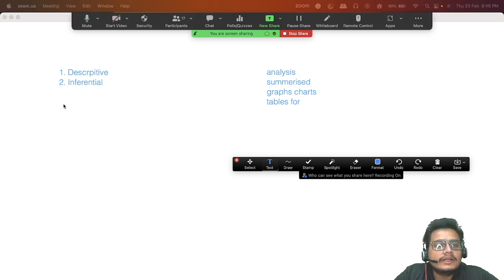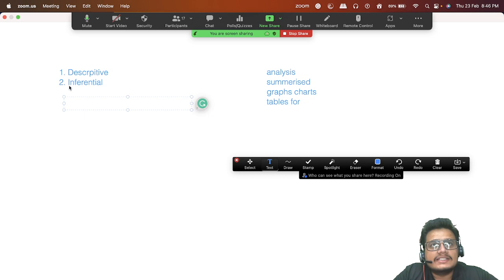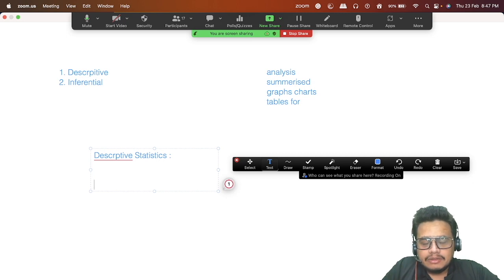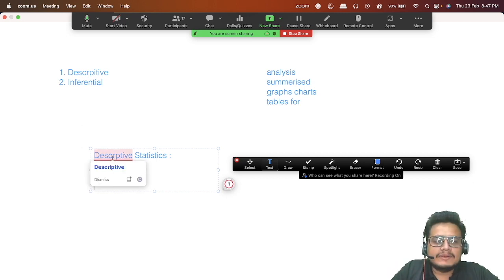So in the inferential statistics, it is basically used to generalize some conclusion about the population. Descriptive statistics. Okay. So when we take the whole data, and on the whole data we do some analysis, or we make summaries out of it, or we make some graphs, we make some tables by using the whole data, it comes under the descriptive statistics.